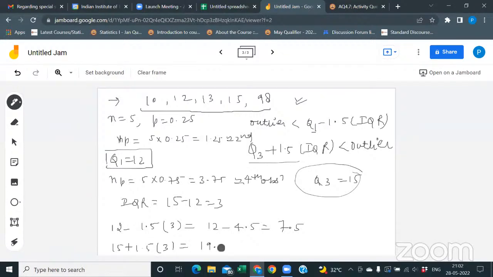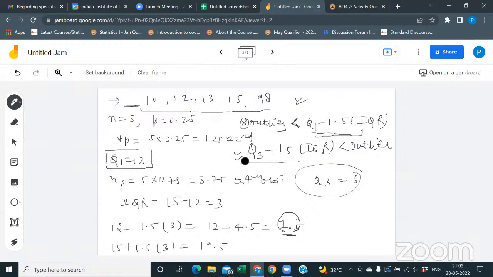Now, what is the condition? An outlier should be less than 7.5. Is there any value less than 7.5? No. This condition is not satisfied.